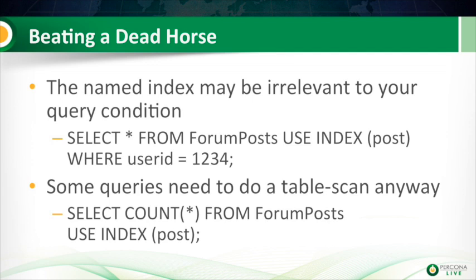If I'm searching on user ID but telling the optimizer don't consider any other index other than the one on the posts column, then it can't consider what would probably be the better index, if there is one, on the user ID column. And this can actually be very harmful to your performance. If you tell it to only consider the index on post, it can't use that index because that's not the search criteria that you have, so it has to resort to a table scan.